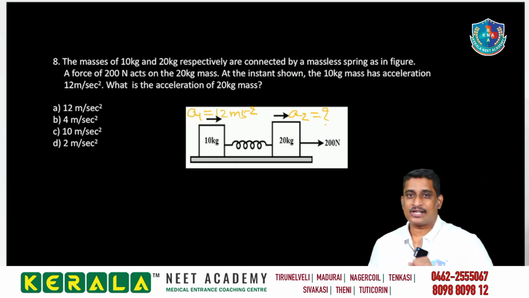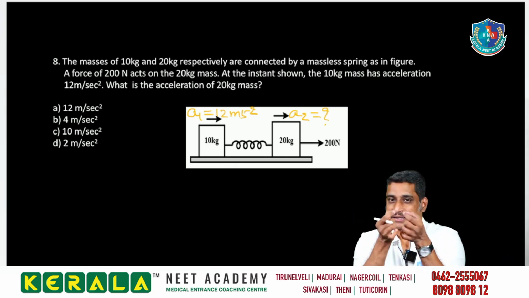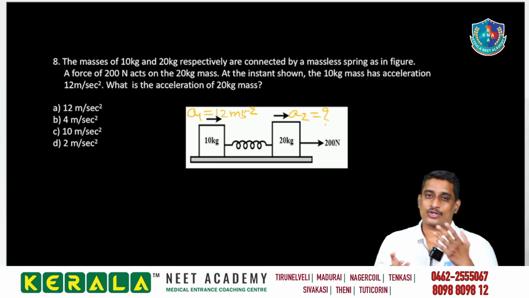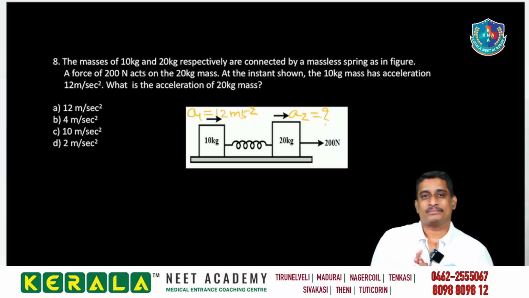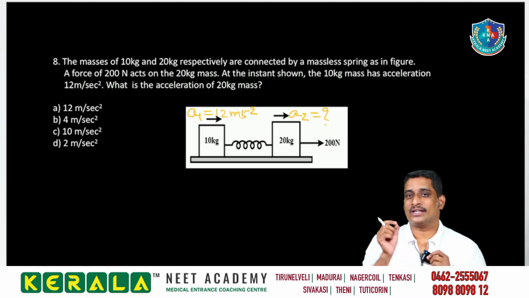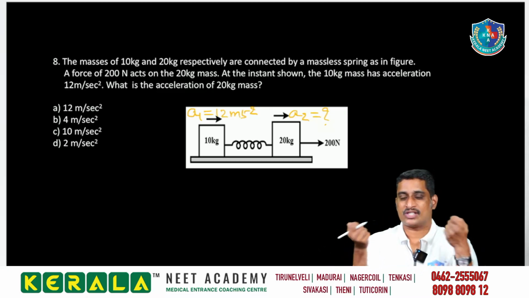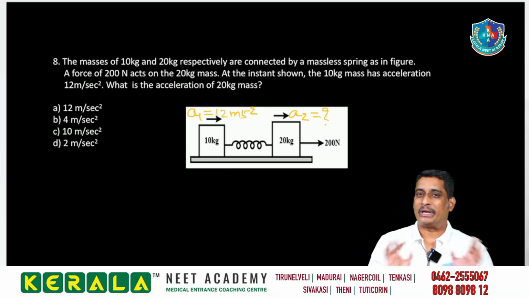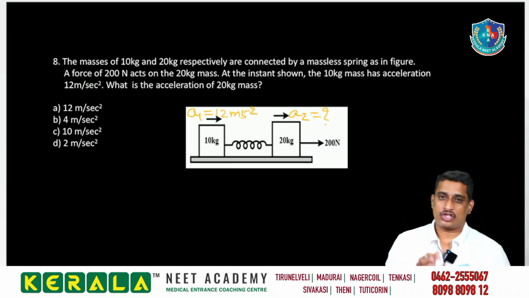So in this example, if these two blocks are connected by an inextensible string, the acceleration of the two blocks will be the same. But here, these two blocks are connected by means of a spring. A spring is a stretchable one, which means those two blocks do not maintain the same amount of acceleration.